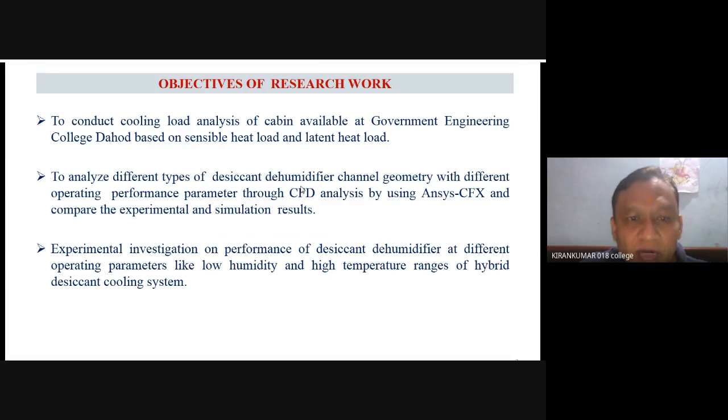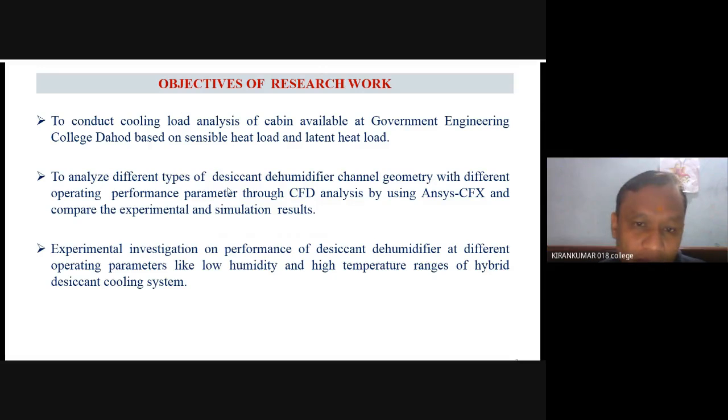The second objective to be fulfilled is to analyze different types of desiccant dehumidifier channel geometry with different operating performance parameters through CFD analysis using ANSYS CFX, and to compare the experimental and simulation results. The last one is the experimental investigation of the performance of a desiccant dehumidifier at different operating parameters, like low humidity and high temperature ranges, of a hybrid desiccant cooling system.